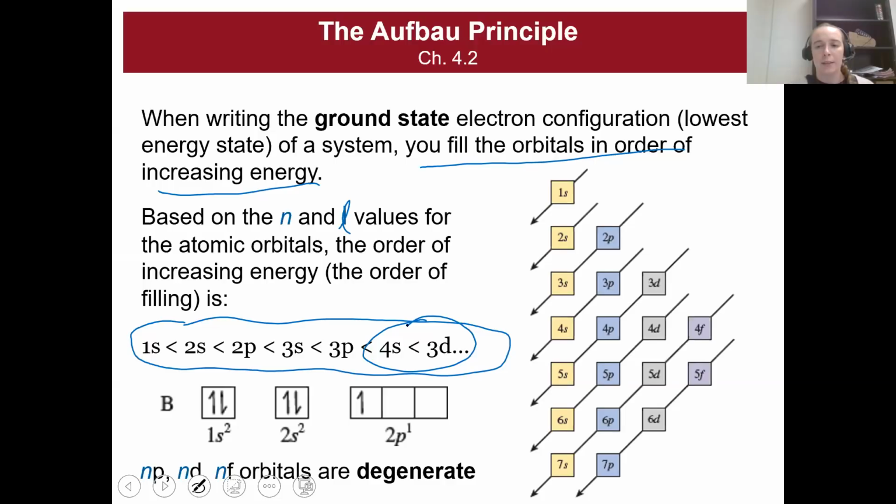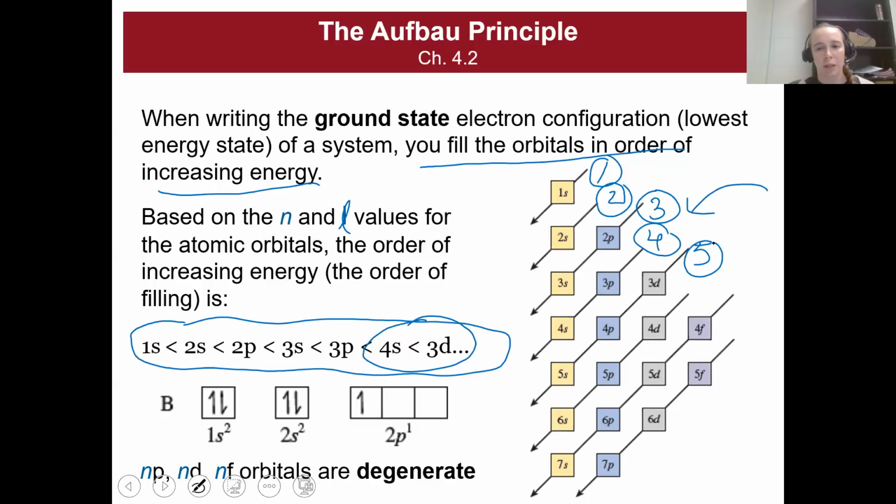Okay, and this little diagram over here is another way of representing that. So we fill the 1s first, the 2s, and then the 2p and 3s, and then the 3p and 4s, 3d, 4p, 5s. So now it starts to get more and more split.